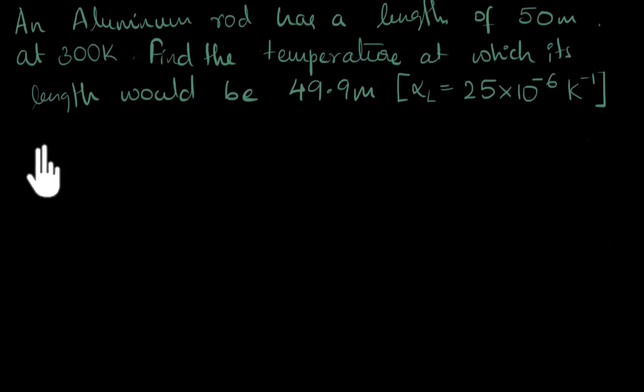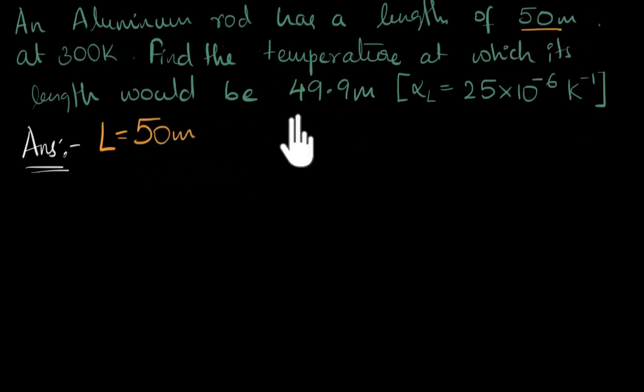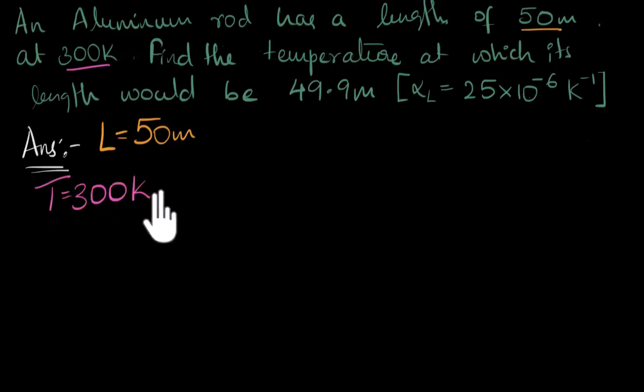Alright, let's solve this. Let's first write down what's given to us. We know that the length of the aluminum rod is 50 meters, and the temperature right now is 300 Kelvin.